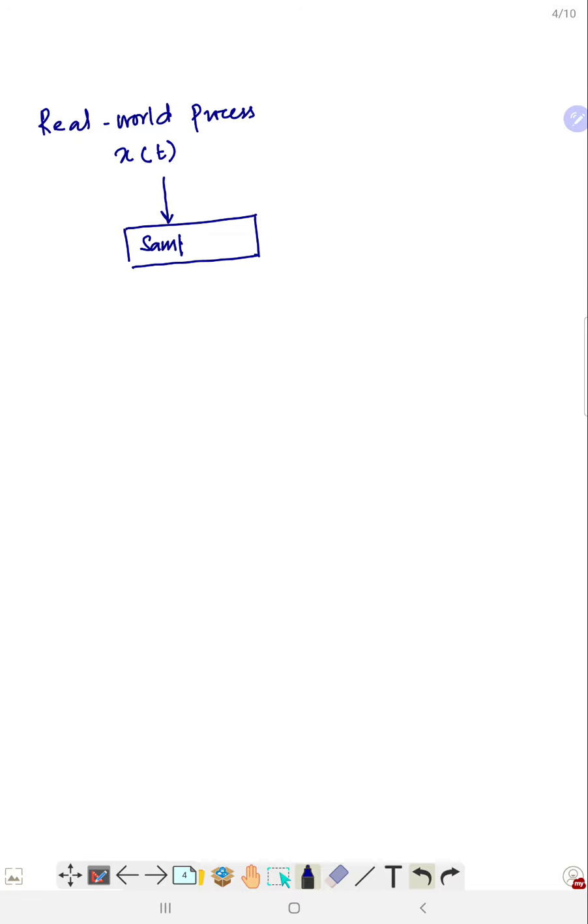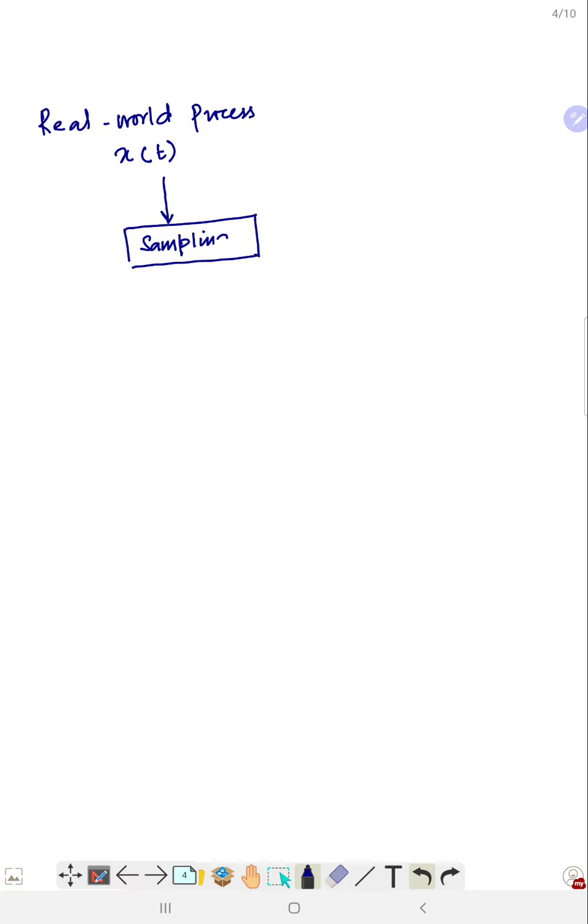So you have a real world process, and it will always generate a continuous time signal, that is x of t. The first step we do on this x of t is we sample it, right?